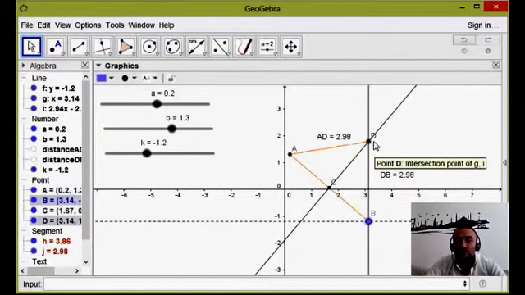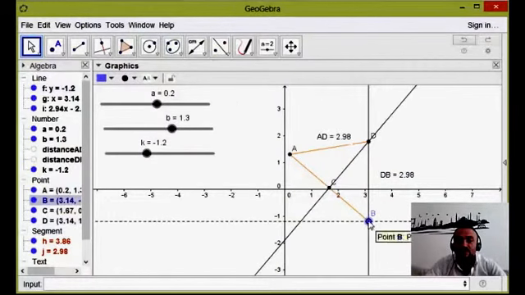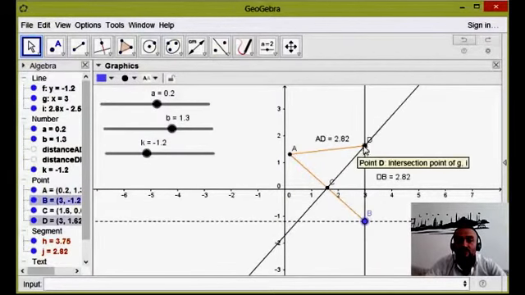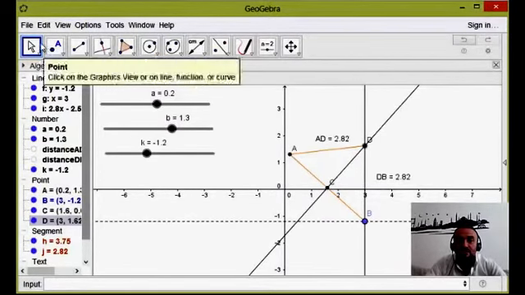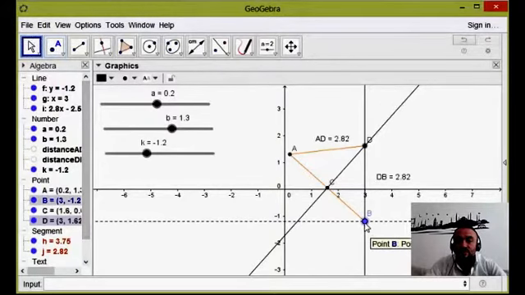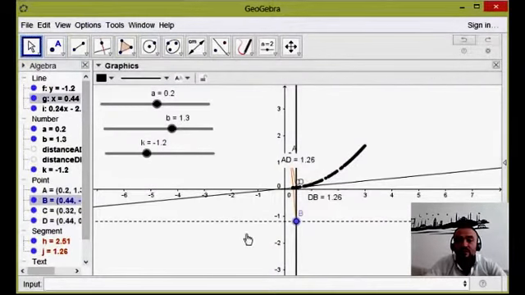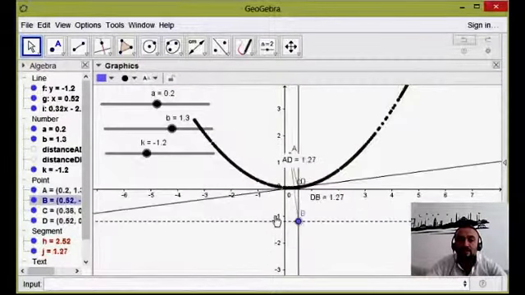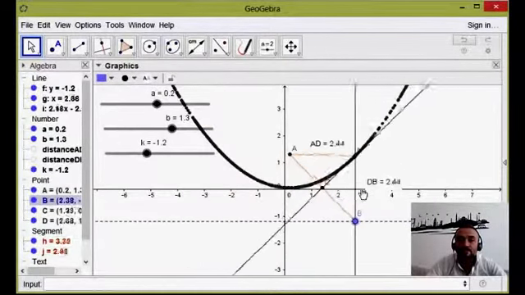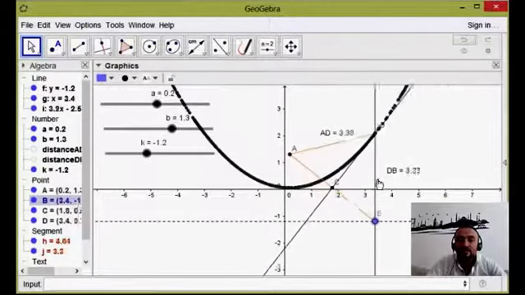The locus of this point is the parabola, and you need simply to open the trace of this point, then move the point B, and this trace is the parabola.